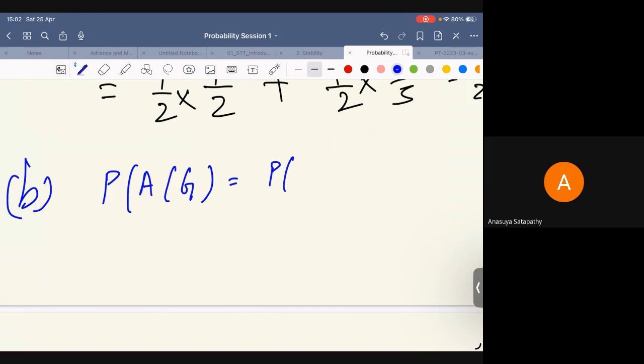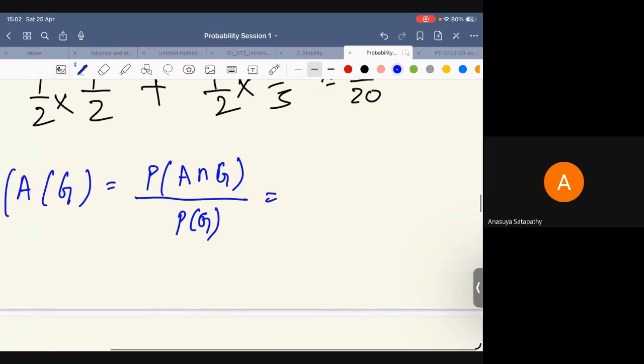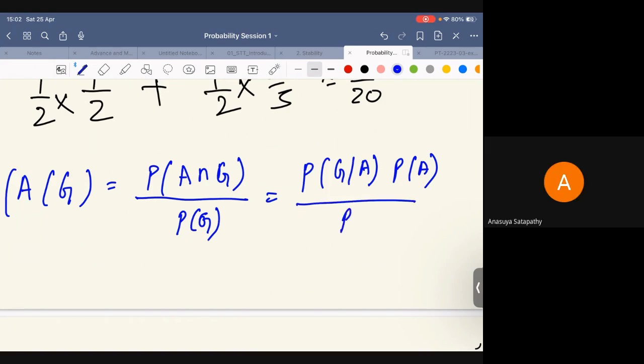For example, can I write this like this? P of A intersection G over probability of G. Can I also write the numerator part as probability of G given A times probability of A? Yes. So this is the Bayes rule and the multiplication rule.